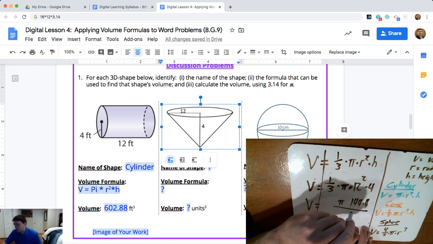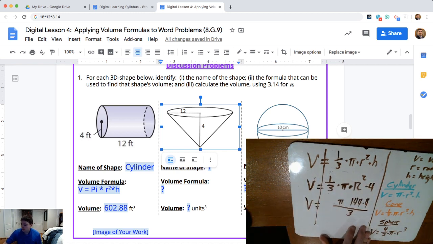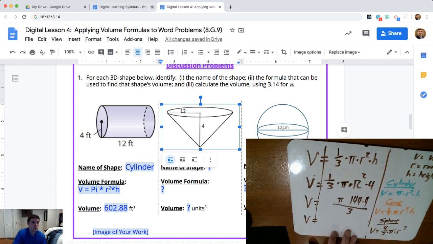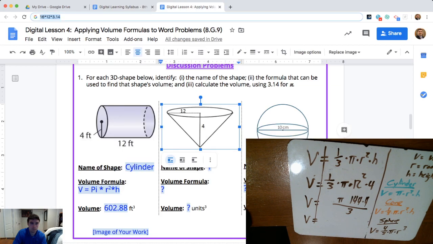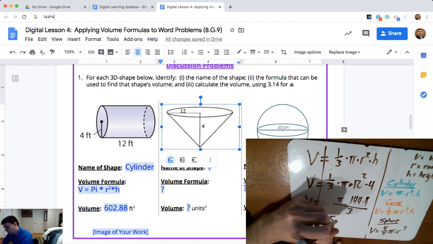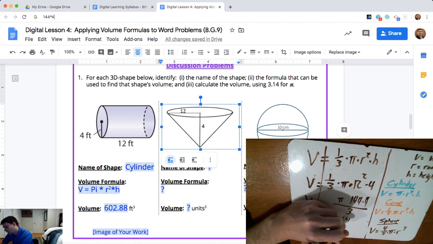That's the same thing as multiplying by 1/3. And if I do 144 times 4, I get 576, which is still multiplied by pi and divided by 3.